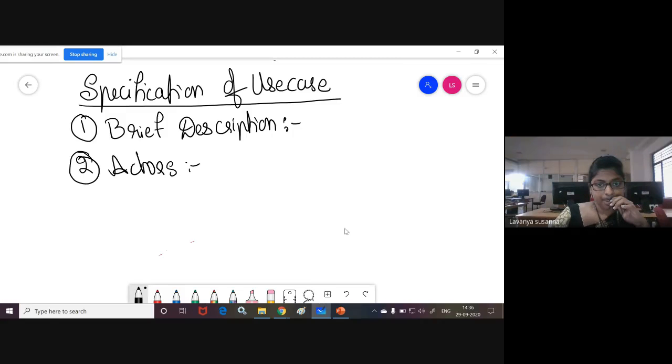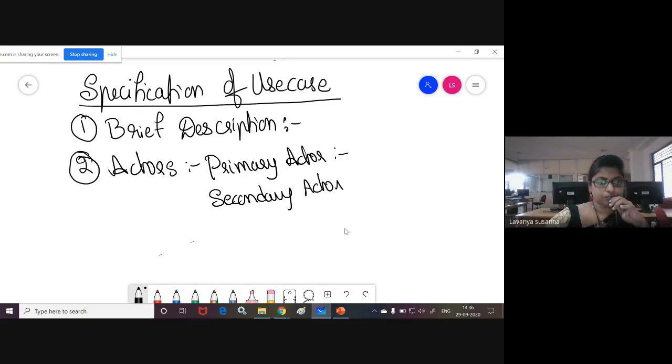Primary actor and secondary actor. An actor may be a system also. If your system is interacting with another system, identify it as an actor too, not only persons. For example, a database. Who is the primary actor? Who is the secondary actor? Identify it. These are the specifications of use case.